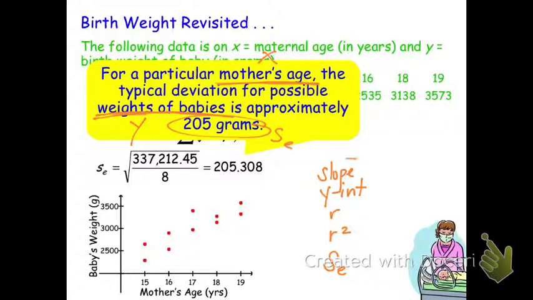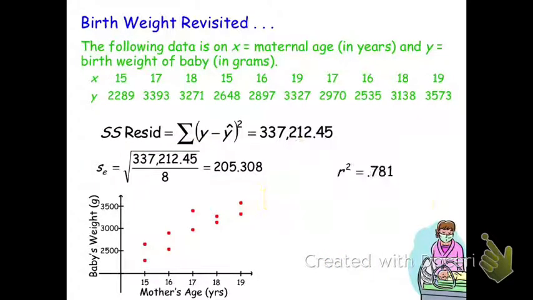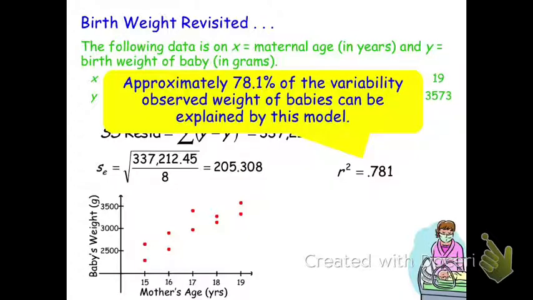So you should have these interpretations, or these scripts, memorized. So here's r squared: approximately r squared percent of the variability in y can be explained by the LSRL, by this model.